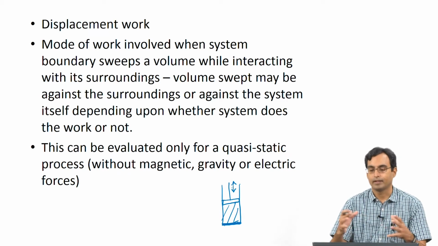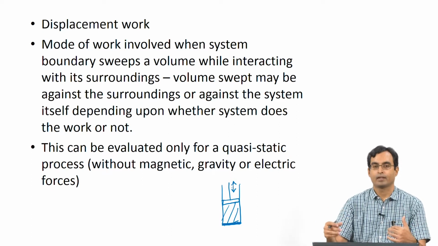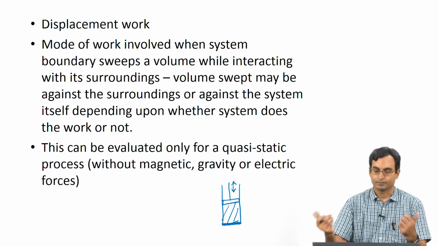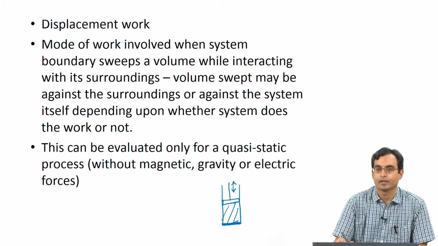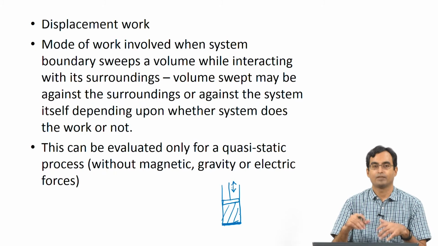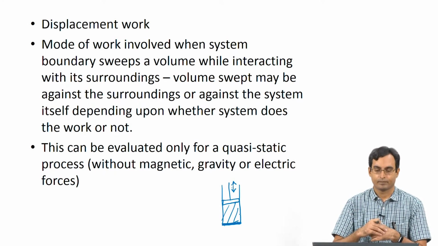So, the system increases its volume at the cost of its surroundings. So, it is positive for the system and negative for the surroundings. And if this piston was to move downwards, it reduces the volume of the system, and then we would consider that work to be negative.